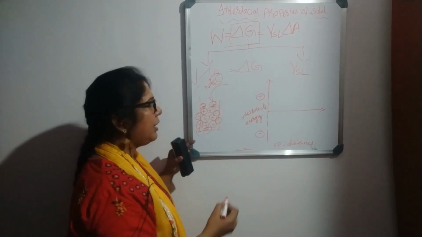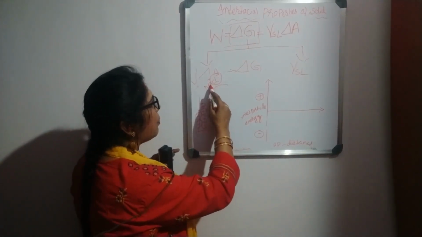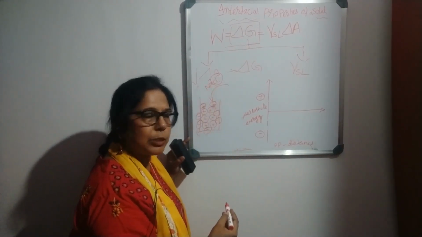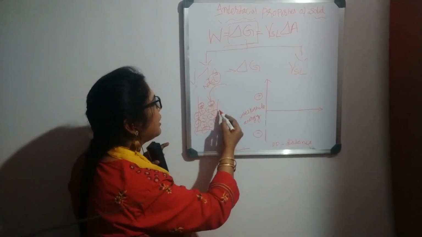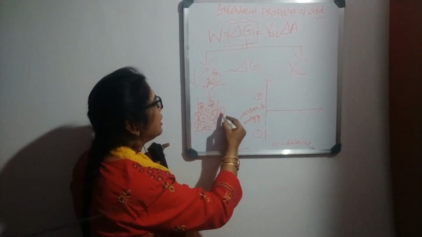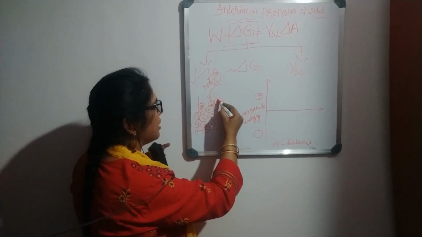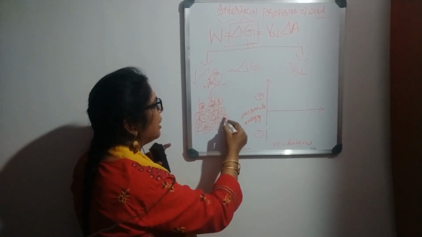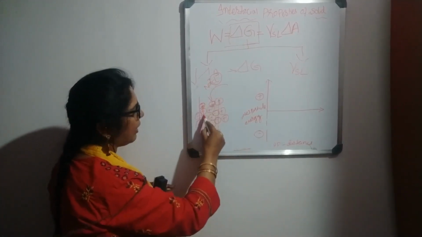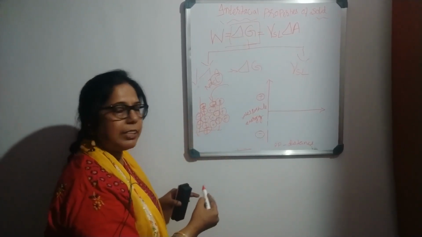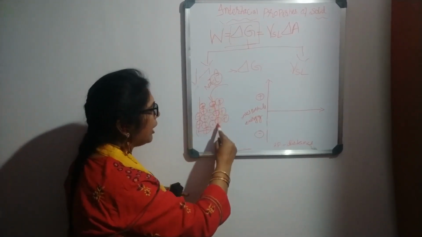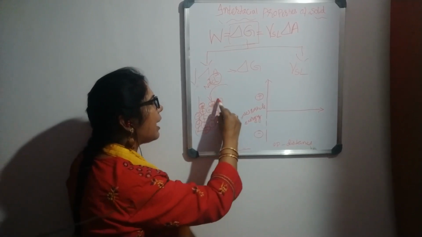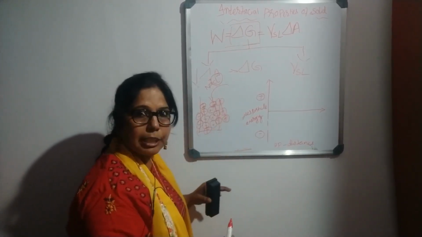Again, the positive sodium ions get attracted to the negative chloride ions. So one layer of positive charges, one layer of negative charges, and again a positive layer will form.